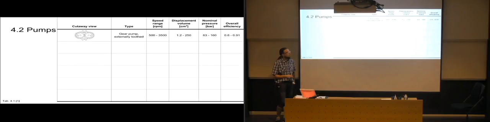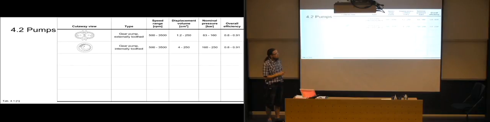So an externally toothed gear pump, we usually have a speed range from 500 to 3,500 RPMs, and the displacement volume from 1.2 cubic centimeters to 250, so they can be pretty large, these pumps, but you can also get them very, very small. And a nominal pressure up to 160 bars, and with 80 to 90% approximately in efficiency, depending a bit on the pump and the combination of speed, displacement volume, and pressure in the system.